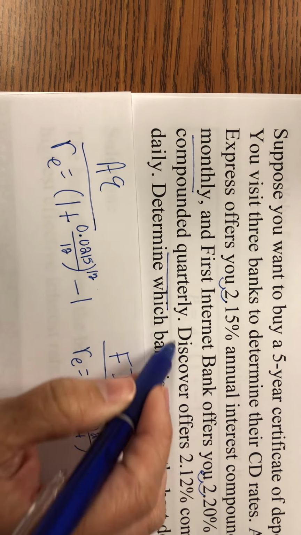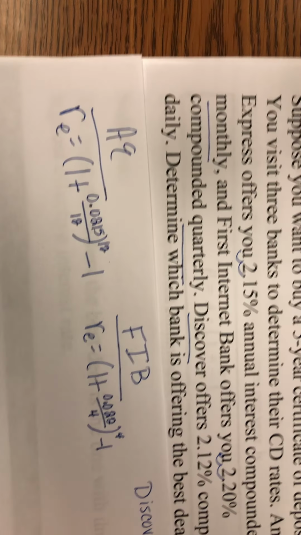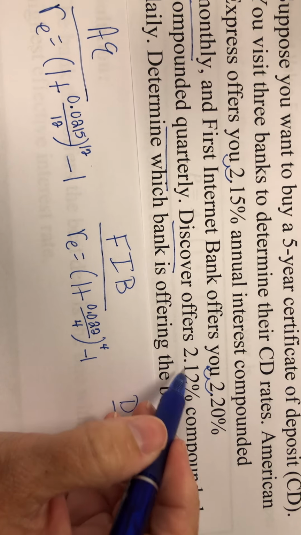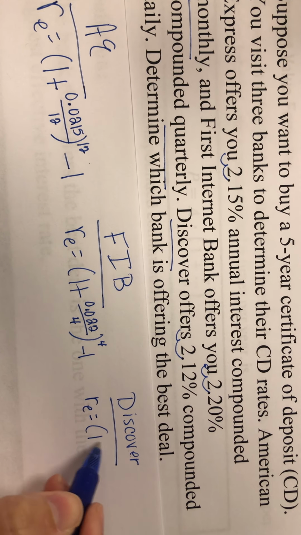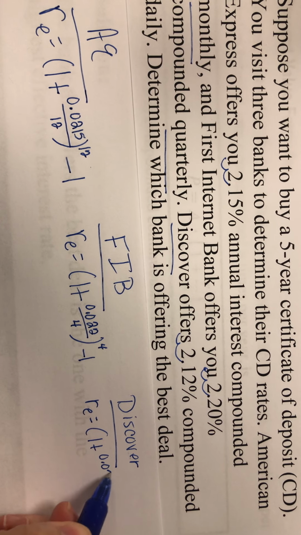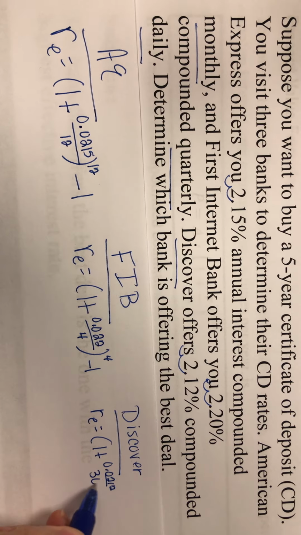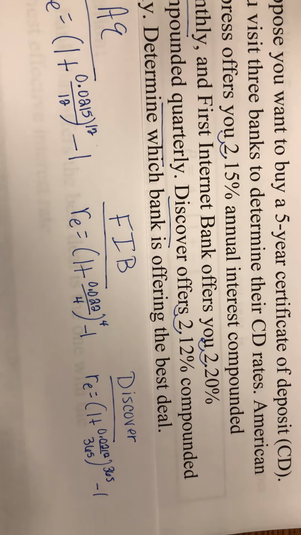And then finally we have Discover. So Discover Bank is going to be 2.12, so move that 2 places to the left, and that'll be 0.0212. It's going to be compounded daily, that's 365 days a year. And don't forget, subtract 1.